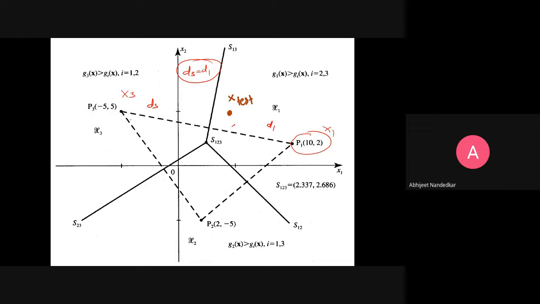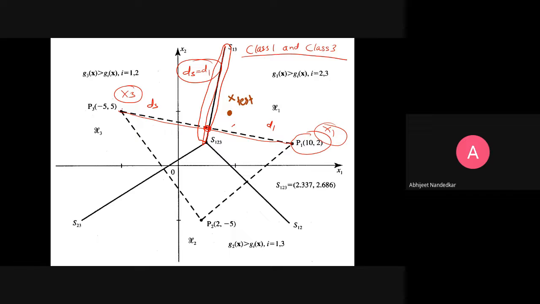Or in other words, if I join these two prototypes and take the center point and draw a perpendicular line, that is the decision boundary between class 1 and class 3. This side is class 3 and this side is class 1. The center position will give you the decision boundary.